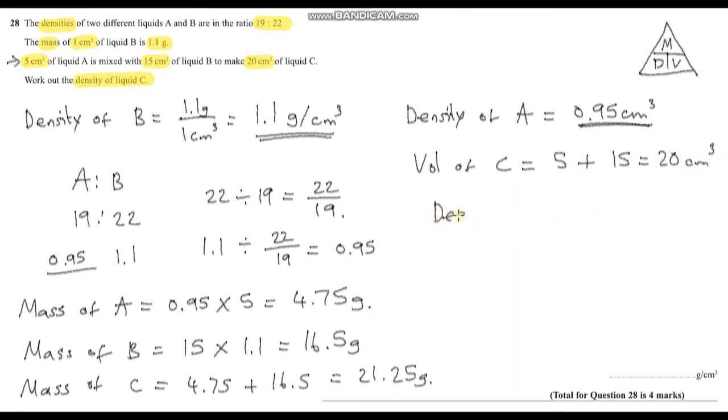So now the density of C is going to be the mass, which is 21.25 grams, divided by the volume, which is 20 centimetres cubed. I think we deserve a bit of a drum roll, because it's been quite exasperating getting to this point.